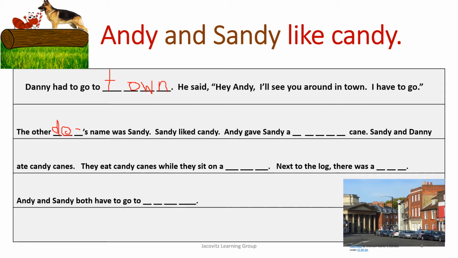Sorry about that, I didn't do a loop. Right, the other dog's name was Sandy. We'll get into the apostrophes later, but right now, the dog's name was Sandy. Sandy liked candy. Andy gave Sandy a, what did you give him? Candy cane.